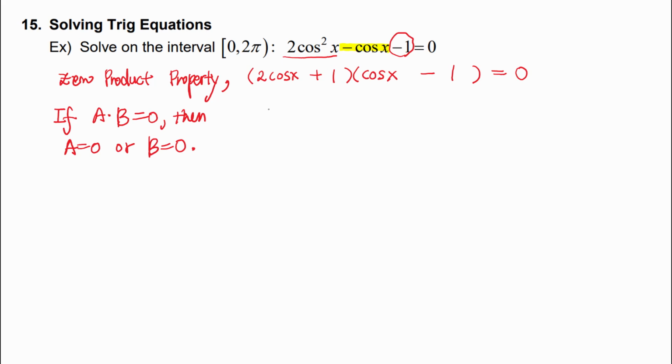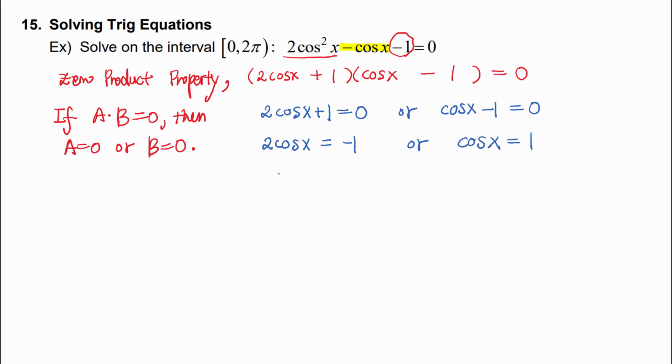So let's set 2 cosine x plus 1 equal to 0, or cosine x minus 1 equal to 0. From the first one, 2 cosine x has to be negative 1, or cosine x must be 1. Then cosine x must be negative 1/2, or cosine x must be 1.